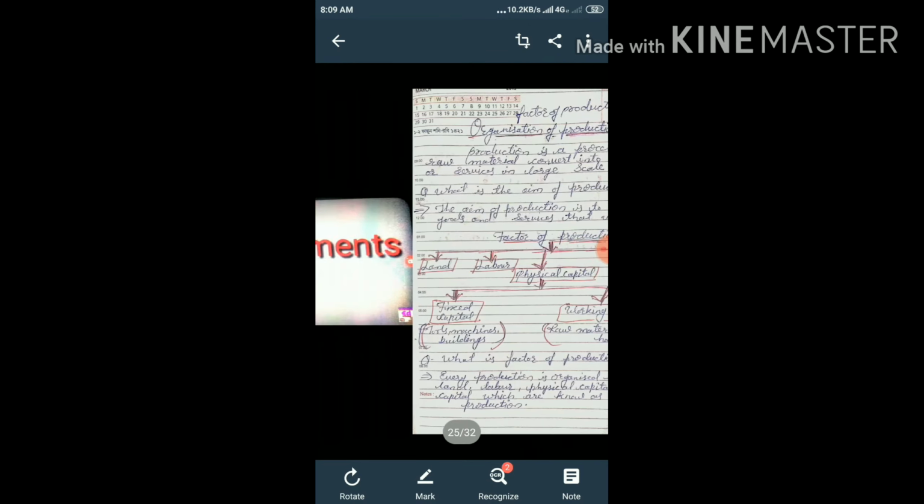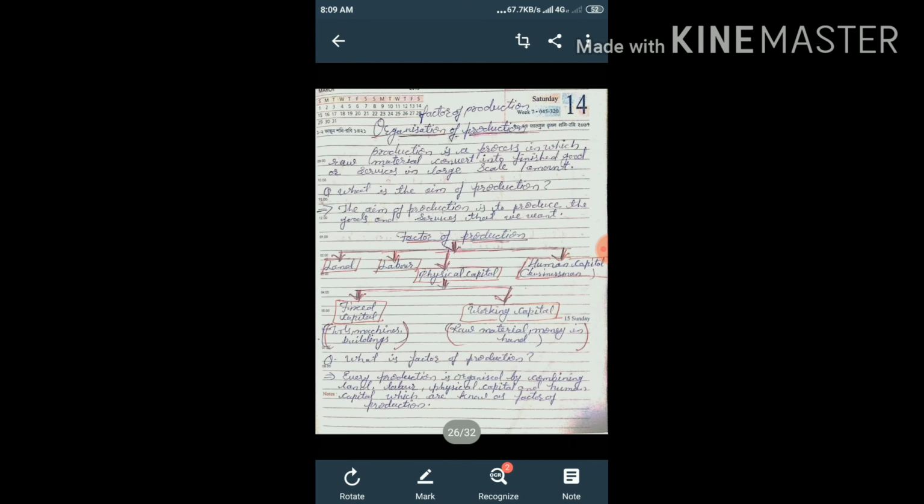Now we are going to start our next topic, that is the factors of production. It is very important in this chapter. We can also call it organization of production, because in your examination it may come as factors of production or it may use the words organization of production.